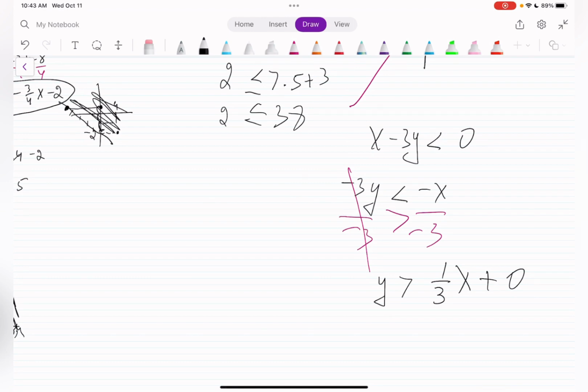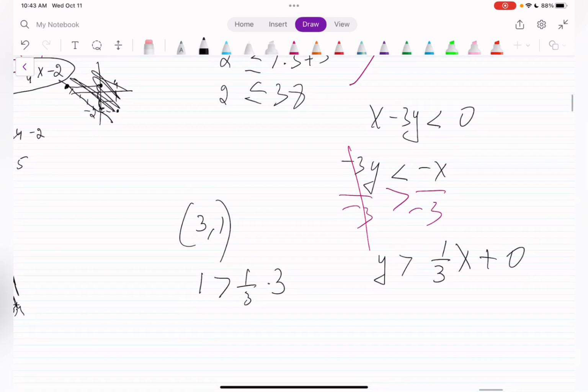So let's take a point on this side, 3 and 1. So 1 greater than 1/3 times 3. I got 1, which is not a true case. 1 cannot be equal to 1. If it would be an equal sign, then it would be true.